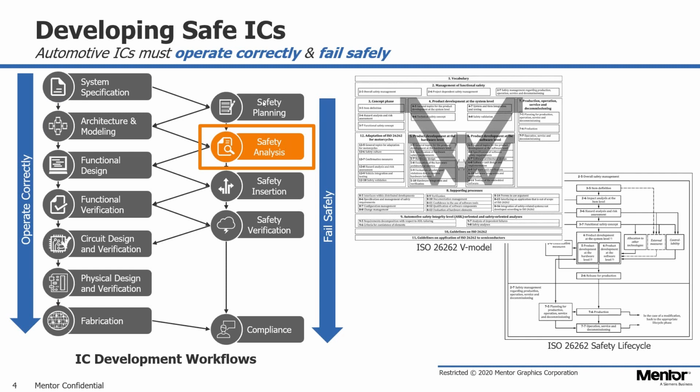If we want to get a design safe, then additional steps need to be taken into consideration. This means the planning, safety analysis, safety insertion, safety verification, and at the end of the day, we need to ensure that everything is compliant to what the standard requests from us. So today's topic is the safety analysis.